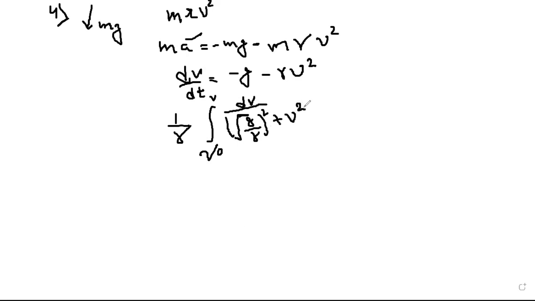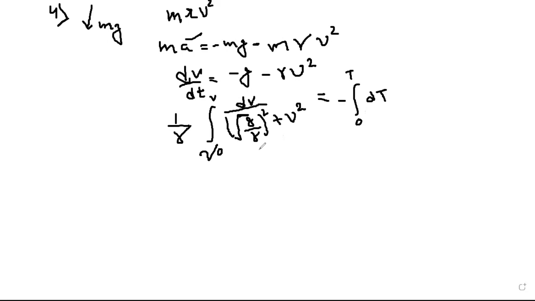So you will get here is equal to minus 0 to t, capital T, and here dt. Think about it how to solve this equation.